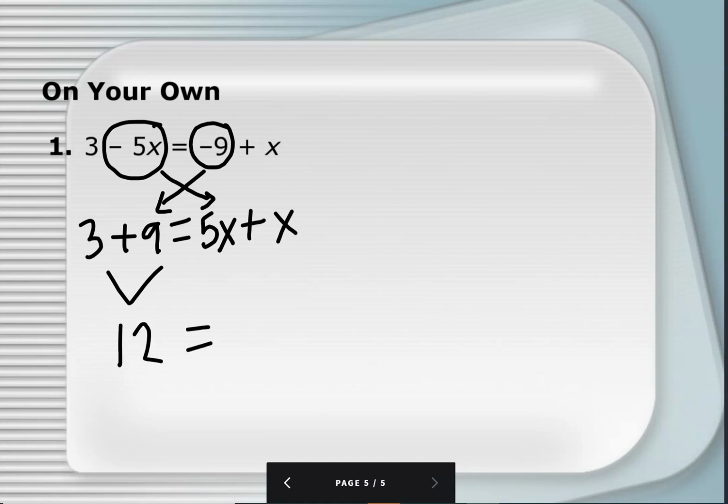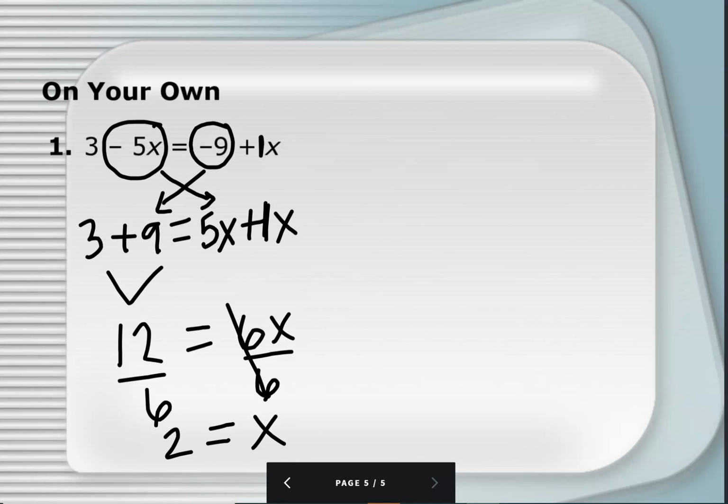And then 5x plus another x. Remember, if it's an x by itself, it just means there's a 1. So 5x plus 1x, that's 6x. And the last step is to divide. So x equals 2.